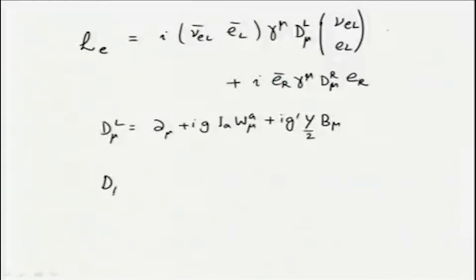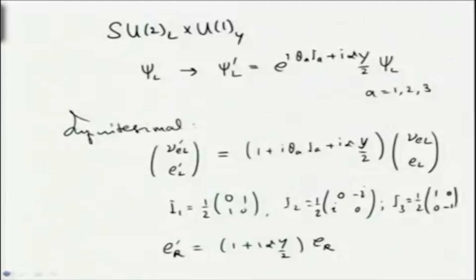For the right handed particles, the transformation is with the covariant derivative ∂_μ + i g' y/2 B_μ, and this is because I is equal to 0 for this particle.